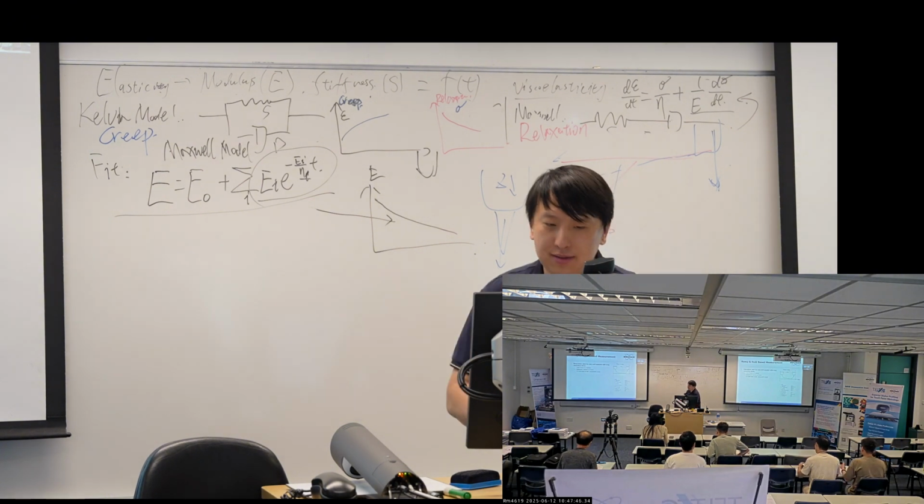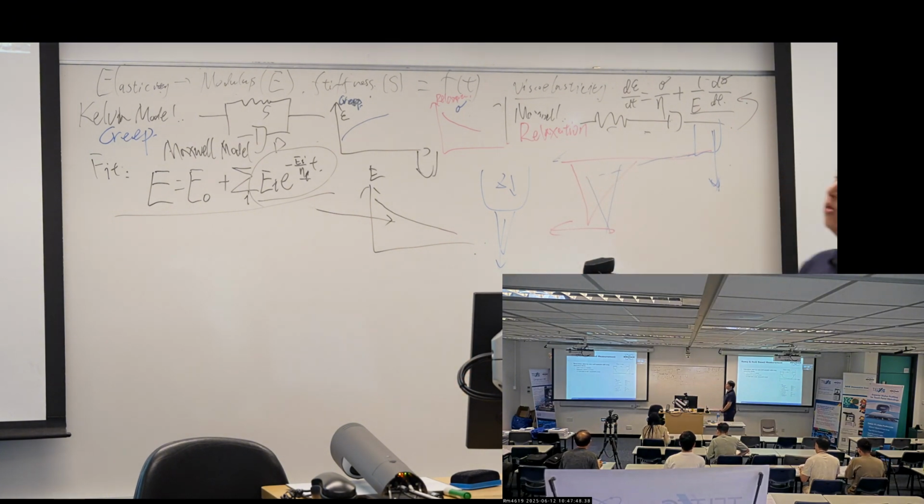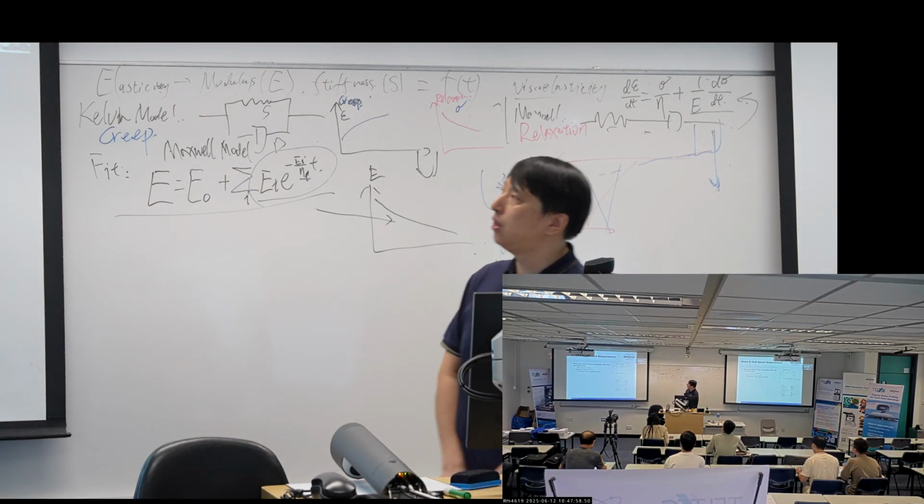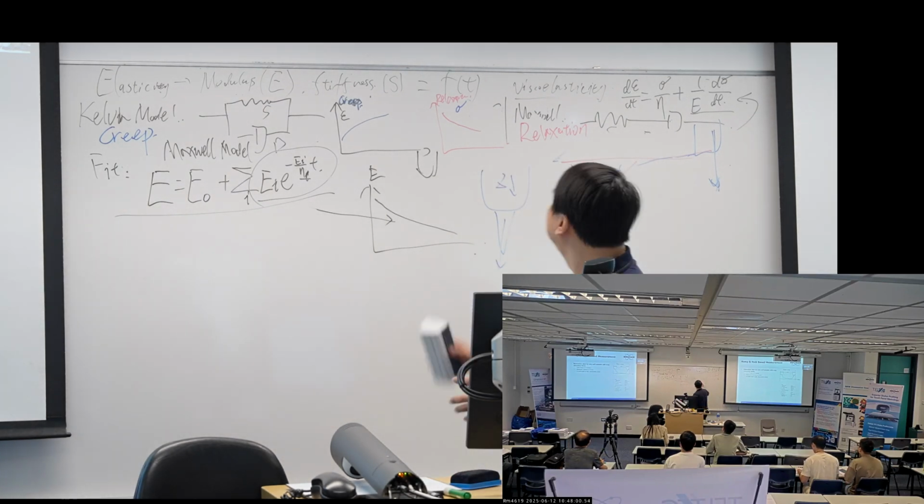Ramp and hold is the main component of the so-called advanced force spectroscopy. The idea is we want to apply a hold segment during the force curves.